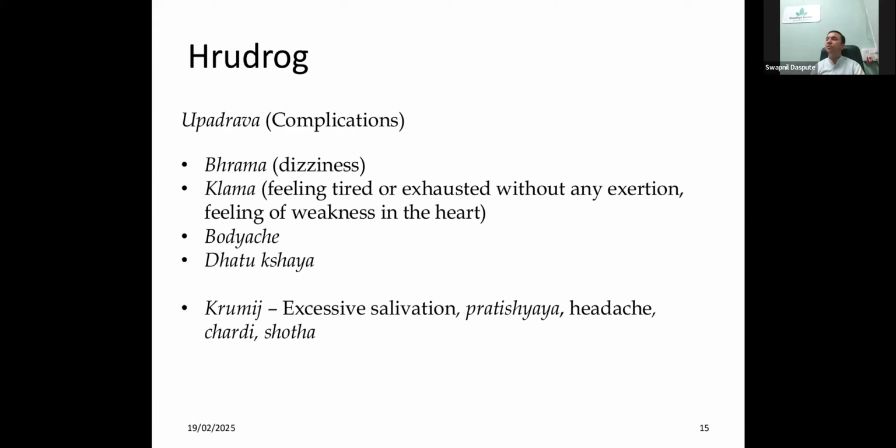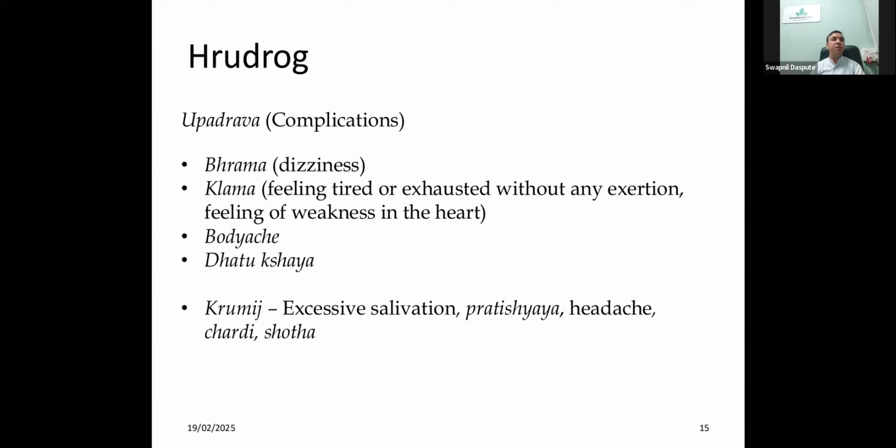Even in a sitting position, or without any major work, the patient will start feeling tired. Feeling of weakness in the heart is typical to heart disease. Klama is a generic terminology also, but klama in Rudrog is the feeling of weakness in the heart experienced by the patient.